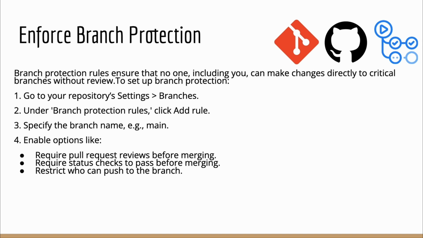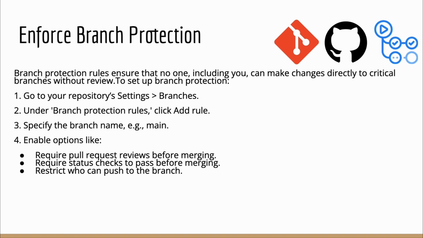You can't have some user going AWOL on their own and just pushing things to the main branch. They need somebody to approve it. And so how do you enable branch protection? You can go to your repository settings and you go to branches within settings, and under branch protection rules you can add a rule, and then you can specify the branch name, let's say for example the main branch, and then you can enable some options, like you can require a pull request before merging. You can require some status checks to pass before merging.